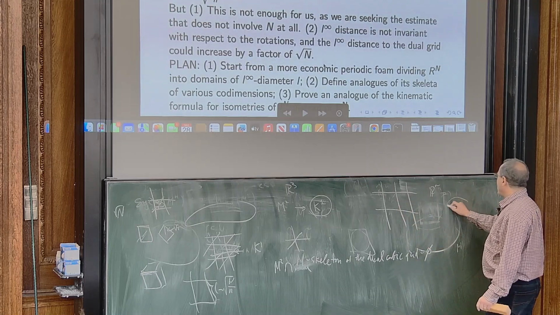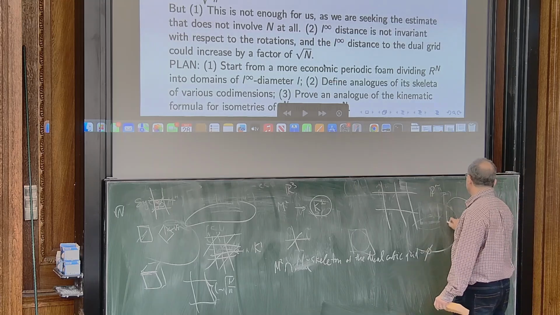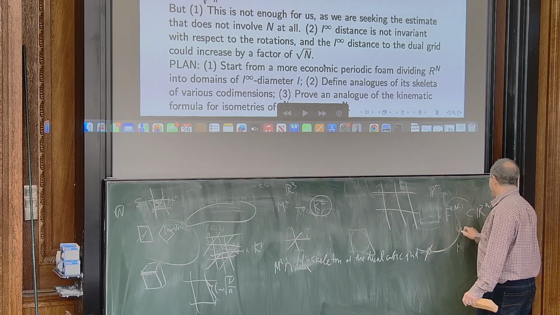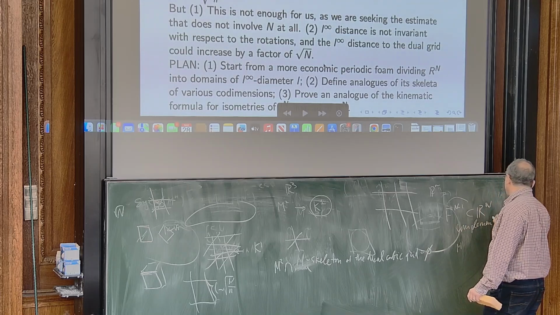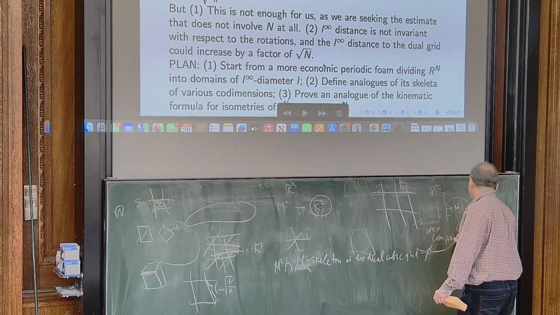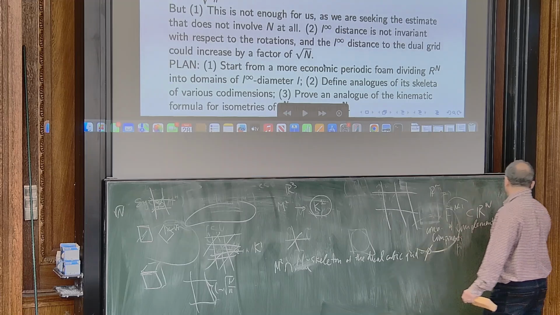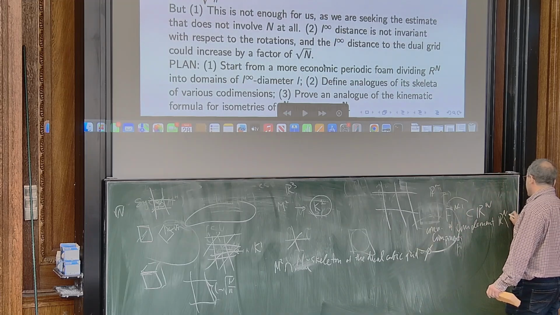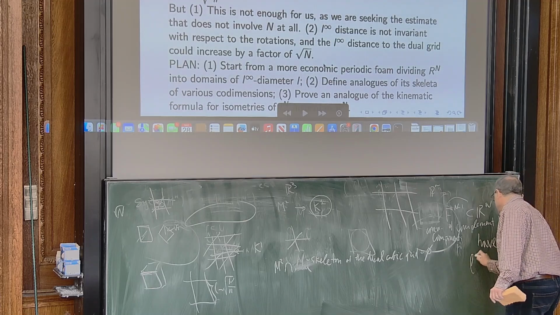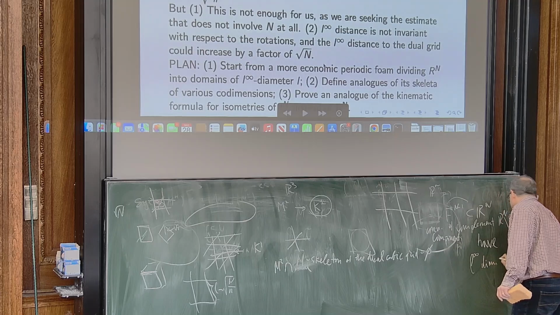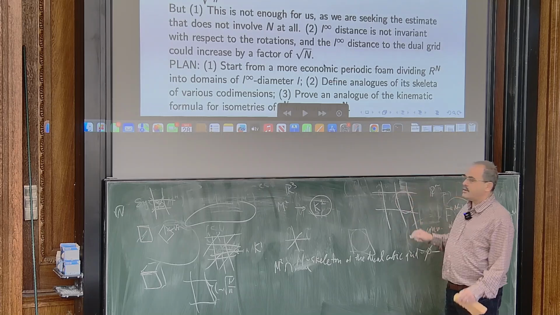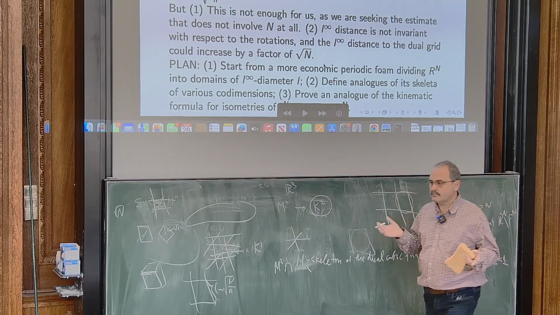We really would like to find some form F of codimension 1, so that the connected components of the complement Rn minus F have L infinity diameter less than or equal to 1.